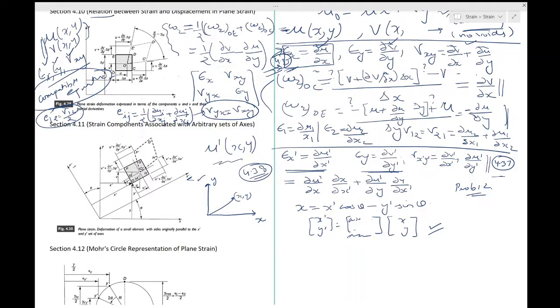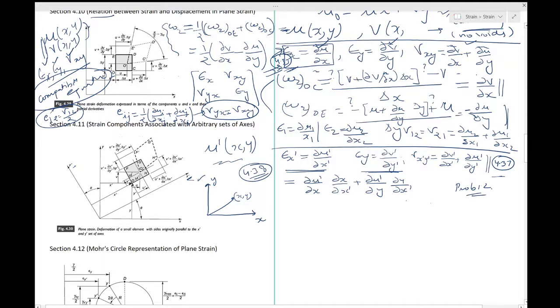The same can be applied not just for the positions, but also displacements, velocity, acceleration. Basically any transformation can be done in this form. So 4.39 is how you would get that using the transformation matrix.